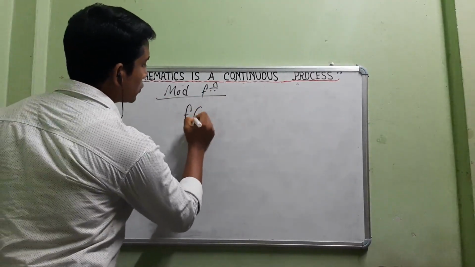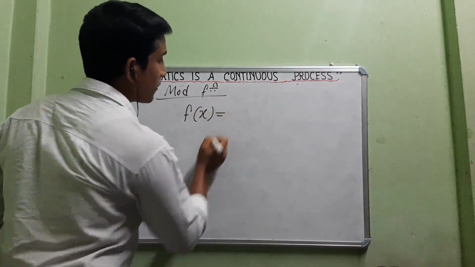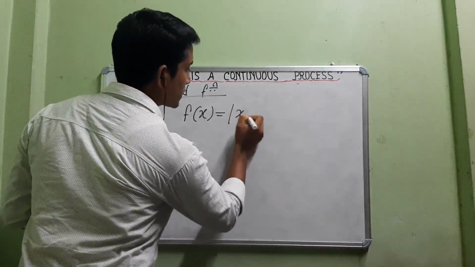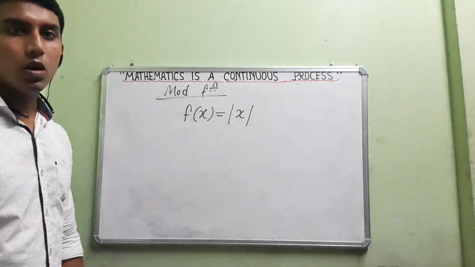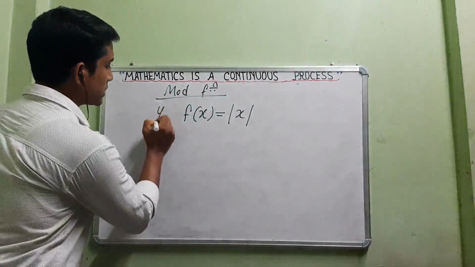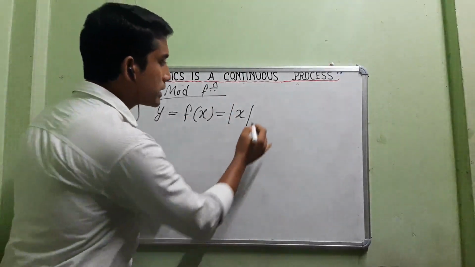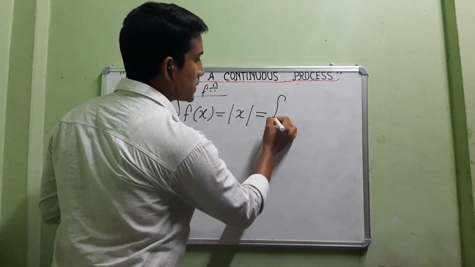The modulus function is defined as, the definition is a little bit tricky: f(x) equal to mod x. Obviously this is only y. f(x) equal to mod x. Now what is the definition of mod x? The definition is like this.